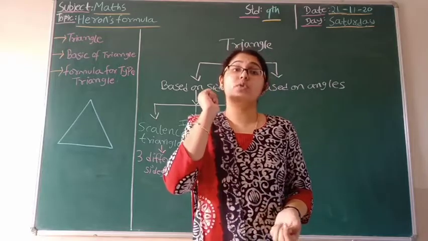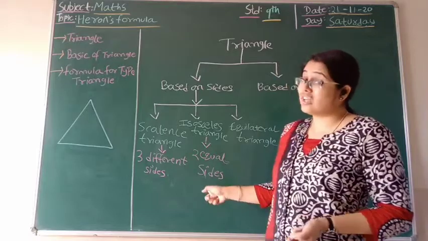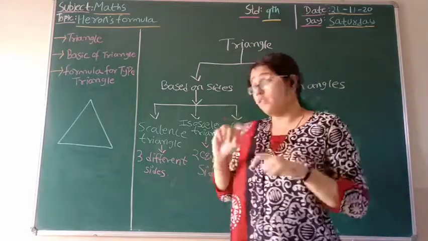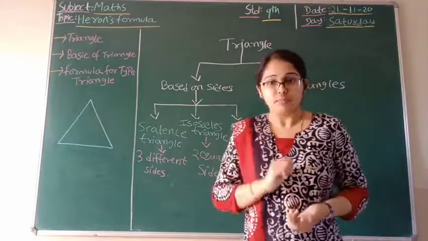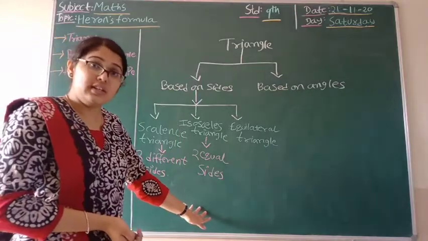So from the original formula also I can find the height of the isosceles triangle, since we have the sides of this triangle. So this is all about the isosceles triangle.